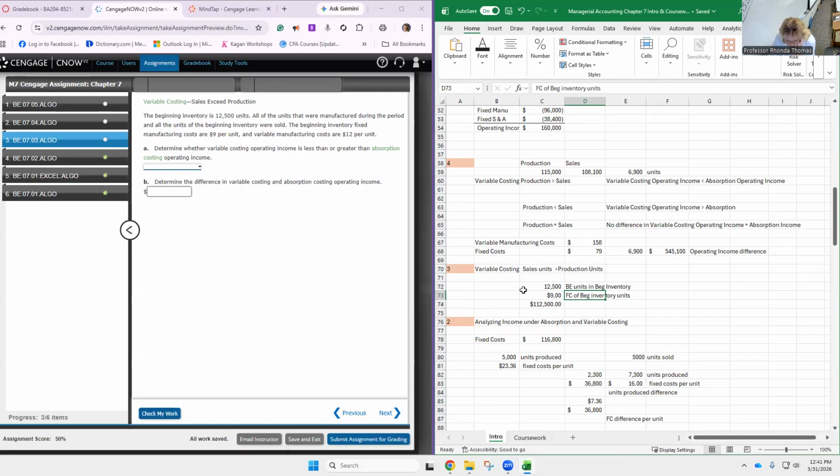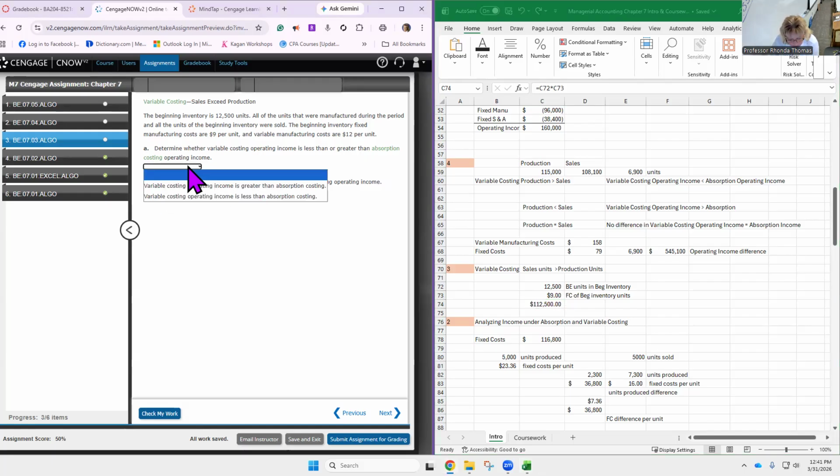So what they say is, and yes, this is the case, you take the beginning inventory times the fixed cost of beginning inventory units. And then it says determine whether the variable, so when sales units are a larger number than production units, this is the opposite of what we just found. Okay, the opposite. So it's going to be variable costing operating income will be less than, okay, no, I'm sorry, will be greater than.